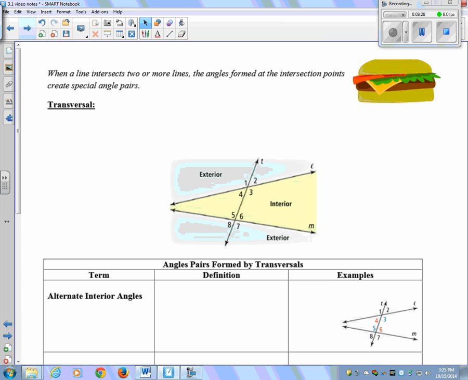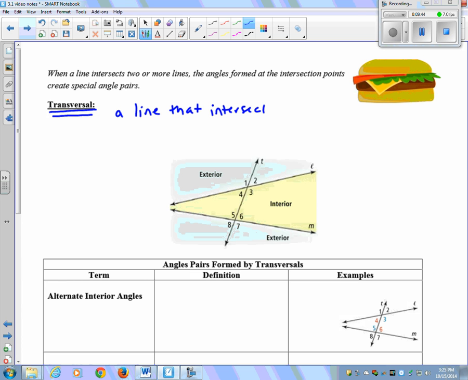When a line intersects 2 or more lines, the angles formed at the intersection points create special angle pairs. So that's what this next section is about. And this vocab word, transversal, is a line that intersects 2 or more other lines.